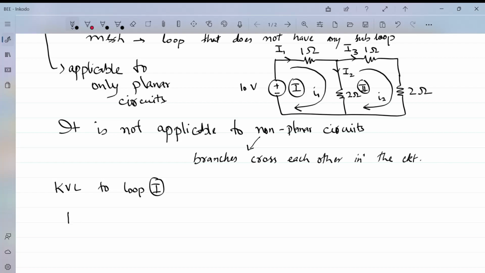Fine. By KVL, we have 10, that is the voltage source, is equal to the voltage drop across this 1 ohm resistor. The current that's flowing through it is small I1.